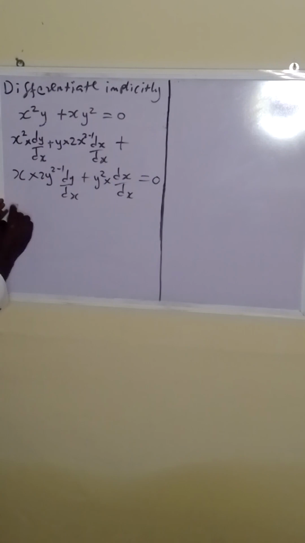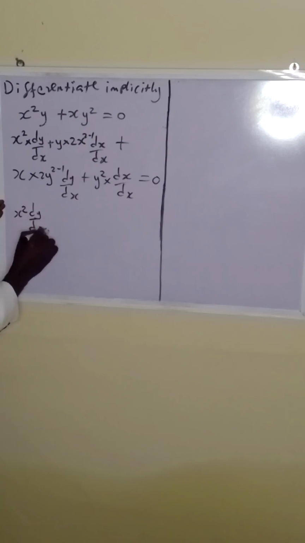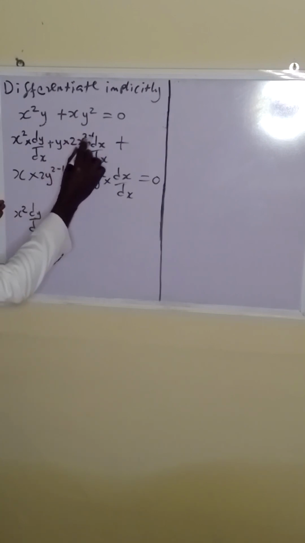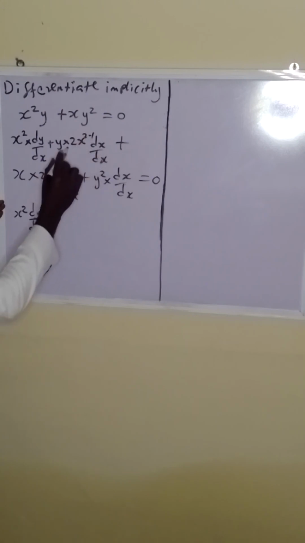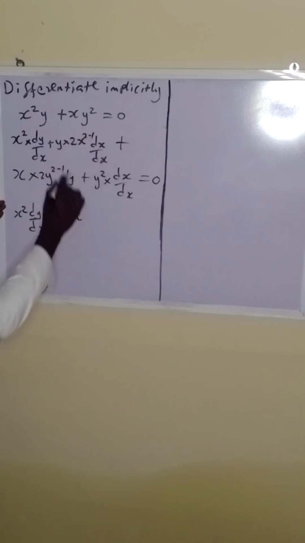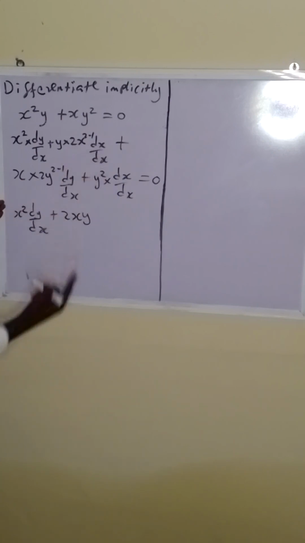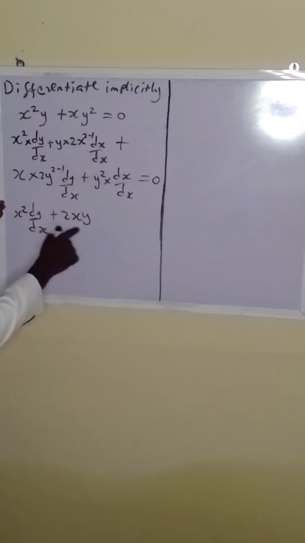Now, from this, we have x squared dy/dx plus 2x, 2 minus 1 is 1. So that means the same thing as 2x, then times this y, as 2xy. dx/dx is 1. So it's the same thing as leaving it as 2xy.